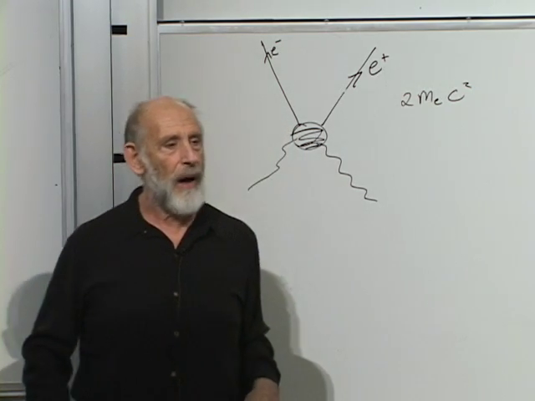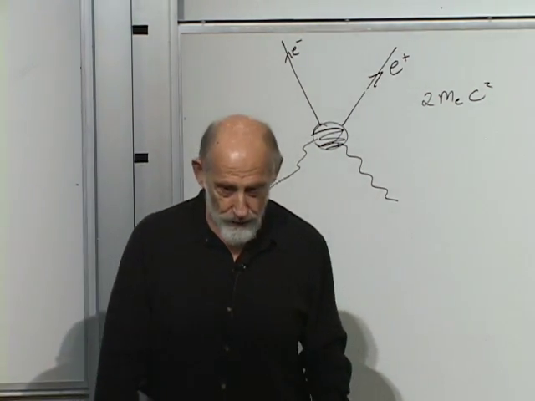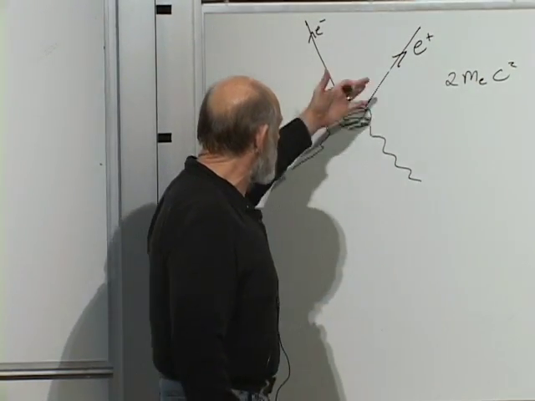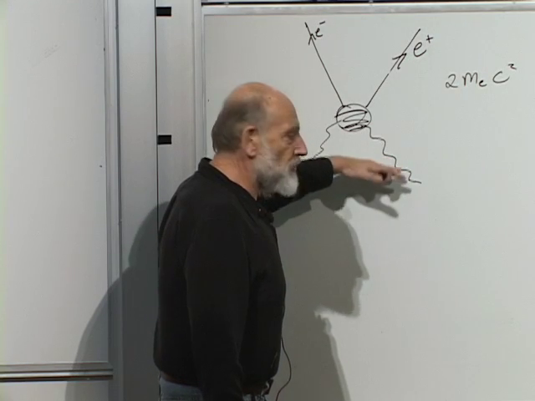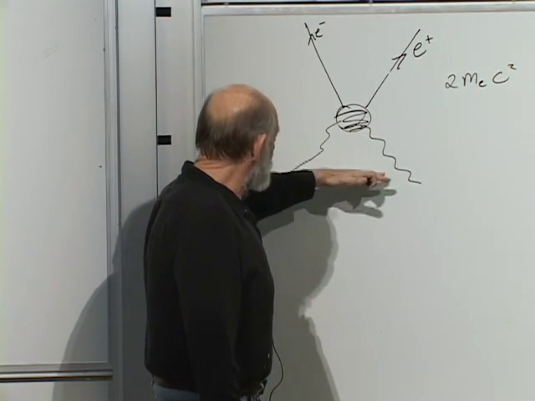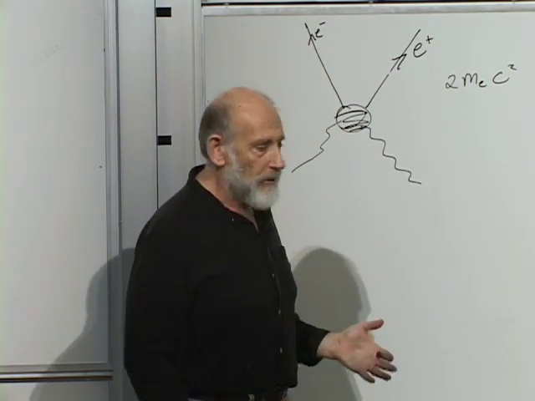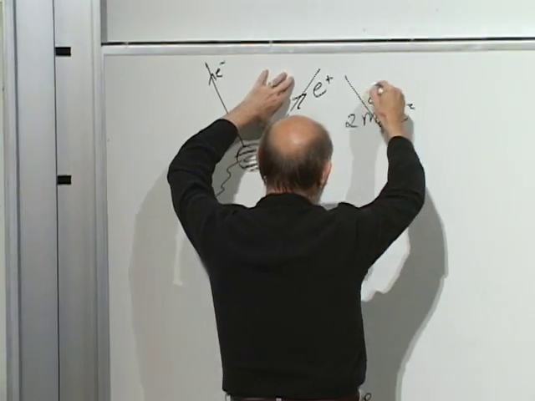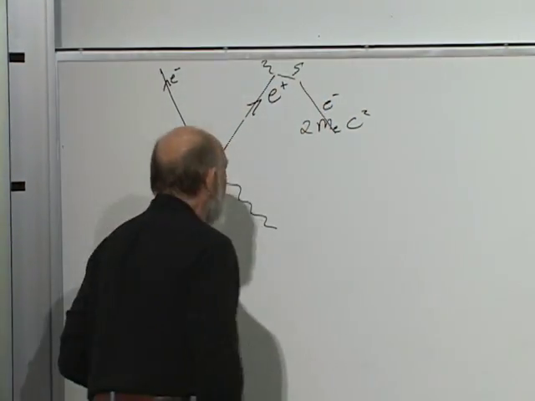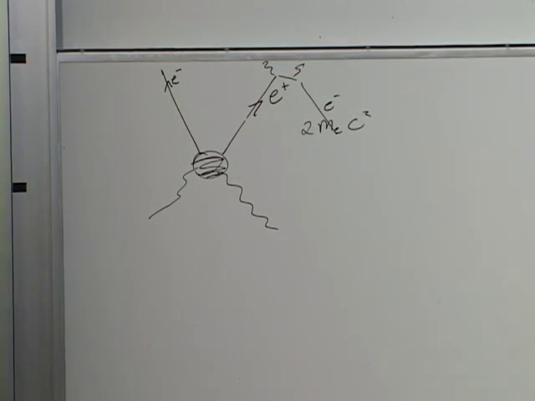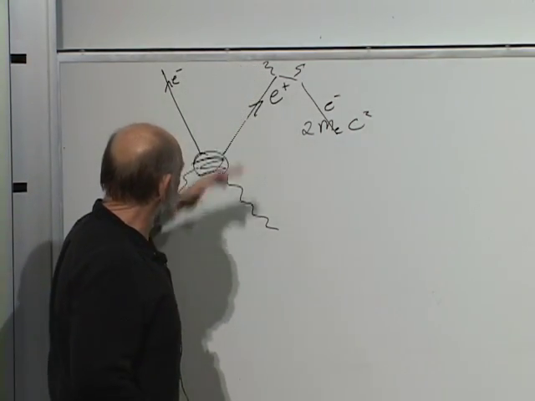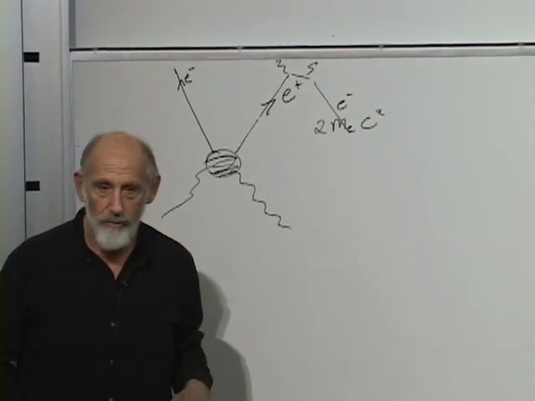If you were to take a pot of material at that temperature, you would have reactions similar to chemical reactions, except the chemicals now would be replaced by particles, and the nature of the reactions would be photon pairs become electron-positron pairs, and electron-positron pairs can collide. In fact, this positron over here can collide with some other electron over here, make more photons, and eventually, if the pot is allowed to just sit there for a long enough time, it will come to a thermal equilibrium. And in that thermal equilibrium, there will be a certain ratio of photons to electrons and positrons.